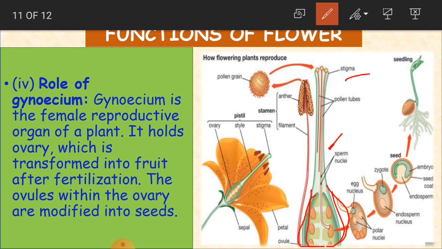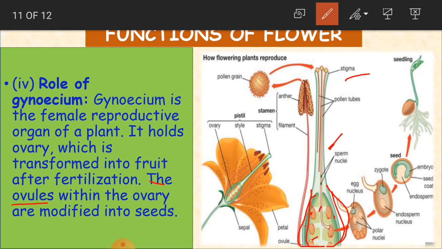So what happens to this flower after fertilization? It is going to shape as a fruit. Again in the fruit, what will we be having, children? We'll have seeds. The ovules within the ovary are modified into seeds. Are you able to see here, children?